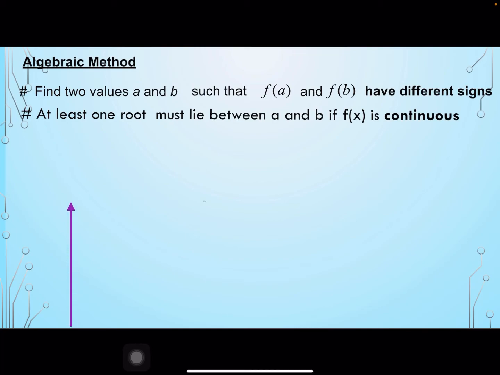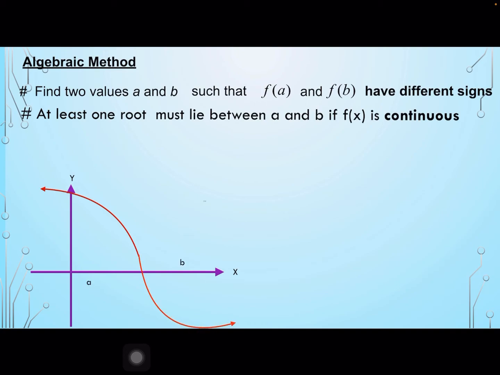Let's consider the curve. We have the curve like this, and a and b on the x-axis, and then we have f(a) positive because it is above the x-axis, and f(b) negative because it is below the x-axis.